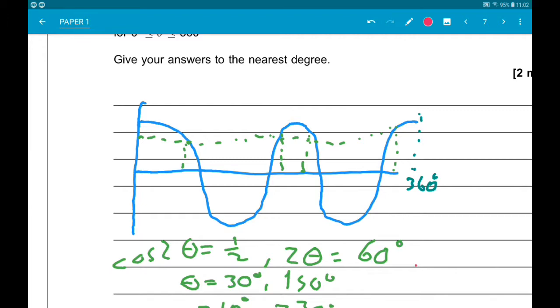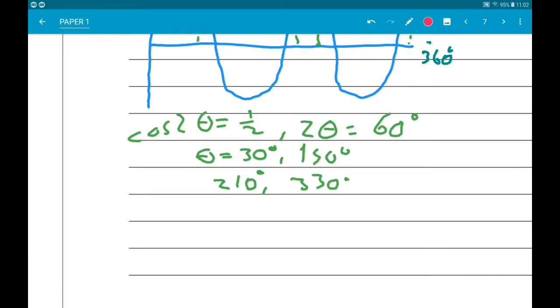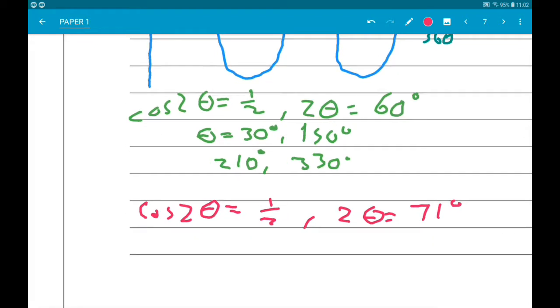Okay, and then we also have cos 2 theta is a third. So again, if we carry on from our values from part A, 2 theta would be 71 degrees, which, if we divide by 2 and round to the nearest degree, we would get 36 degrees.